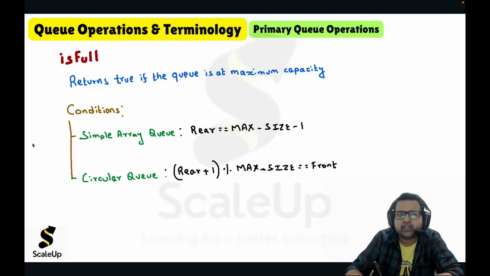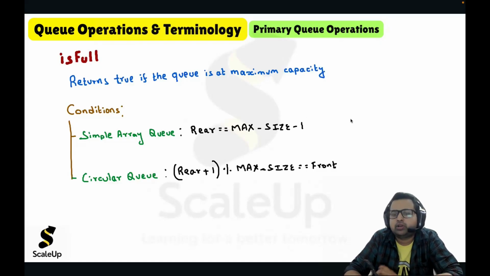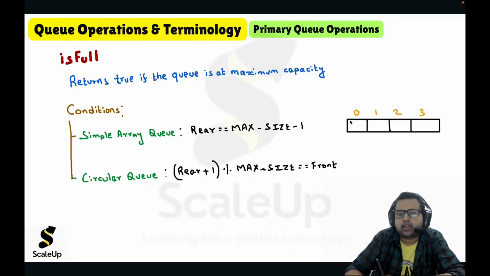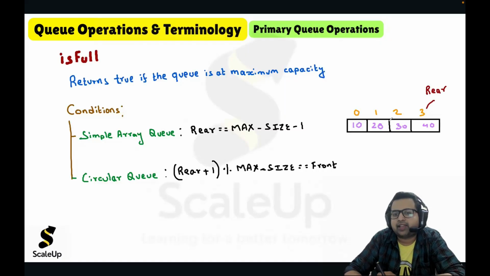So let us visualize it with an example, especially the circular queue. We can look into both the queues. So for the simple array queue, let us suppose I fill this queue fully. Now in this queue, rear is 3, max size is 4, because this array can contain only 4 elements.